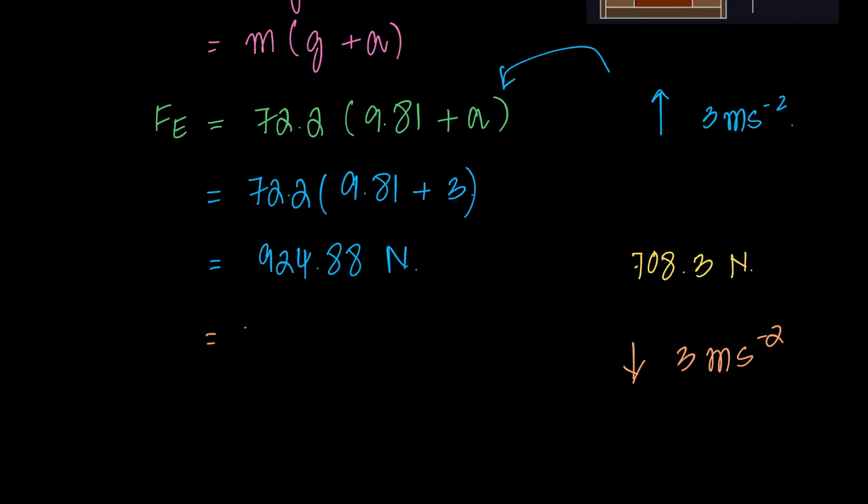So that'll be 72.2 times 9.8 minus 3, that acceleration. So 72 times 6.81 should do the trick. And his weight comes out to be 491 newtons. If he's going down, he feels lighter.